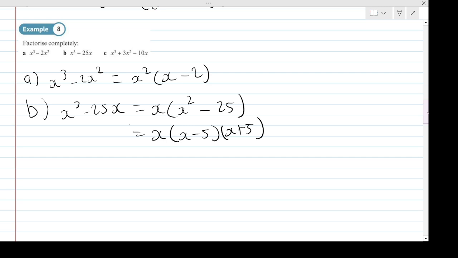Okay, and when we say factorize completely, especially with algebra, hopefully you start to realize that the main idea is to reduce the powers as much as possible. We might create more factors, but we ideally want to reduce the power of each factor. Originally we had an x cubed term, and now we only have an x term in each factor.